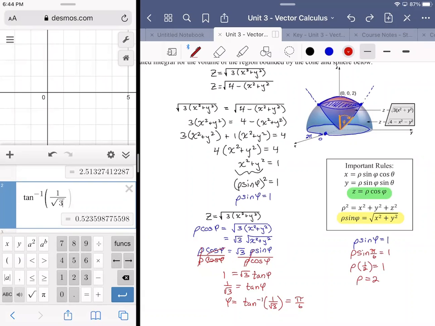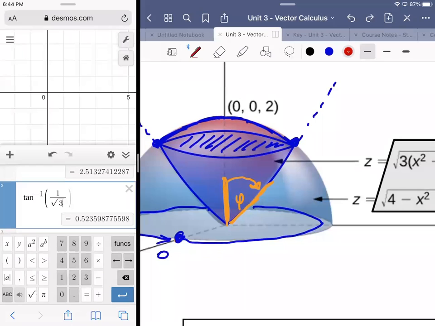If we visualize this, rho starts off on the z-axis, at 0 for phi, 0 for theta, and all that. But its z value is equal to 2, which corresponds to a rho value being equal to 2.